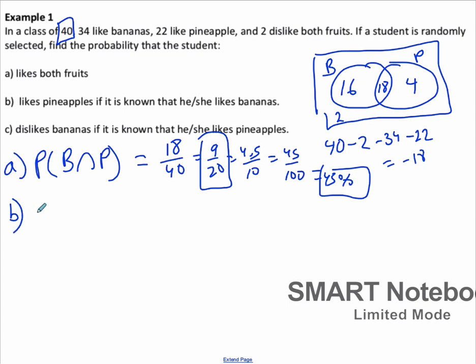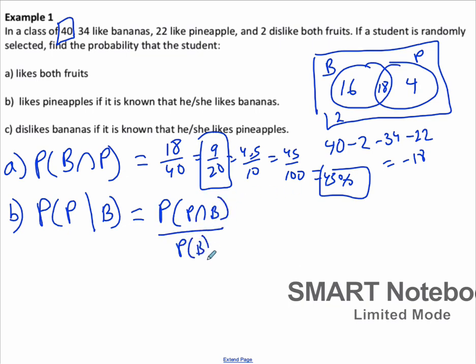Part B: the probability he or she likes pineapple given that he or she likes bananas. We can use the formula, and then I'm also going to show you in the diagram. So the formula says probability of pineapple and bananas, which is our answer from part A, divided by probability of bananas.